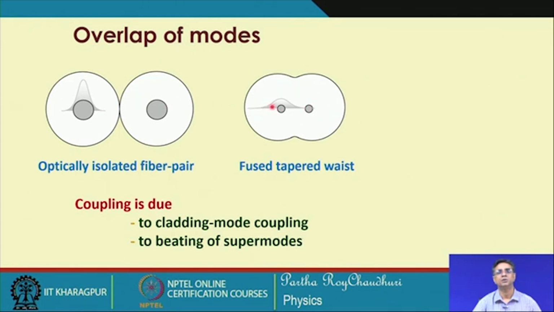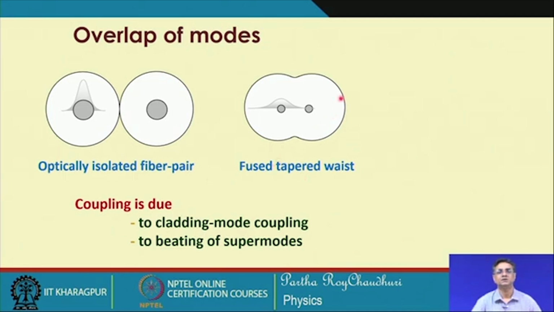Because of the reduced dimension of the core, the light flares out and hits the second waveguide. This is also a guiding region, so the light wave interacts with this waveguide and gets guided through it. So, this is the basic principle.